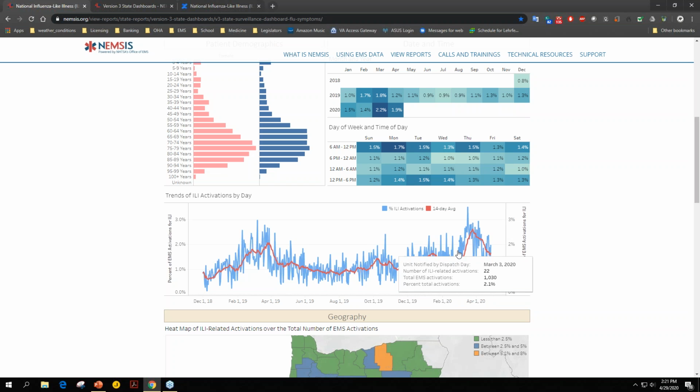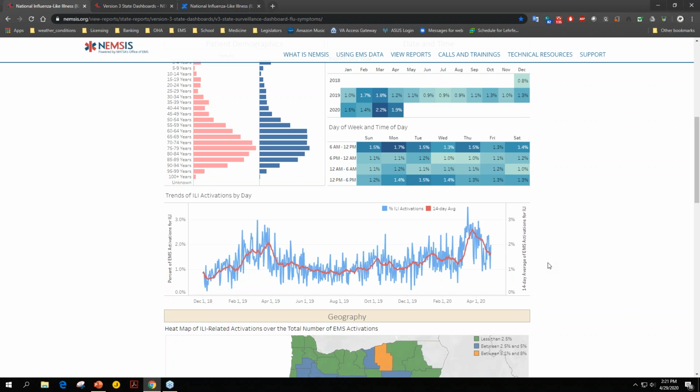The blue is the actual percentage per day, and the red is a 14-day floating average, and we can see that it peaked exactly the week that our model said it would, and then it's been dropping ever since.